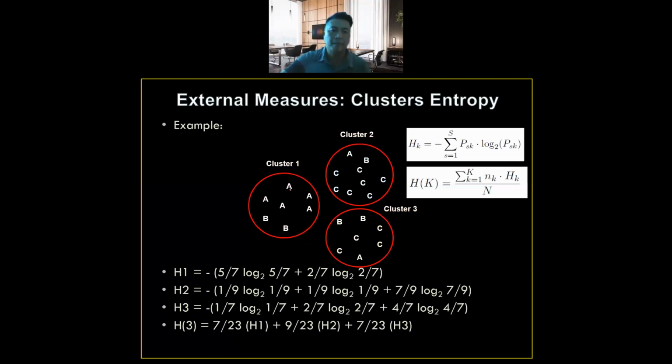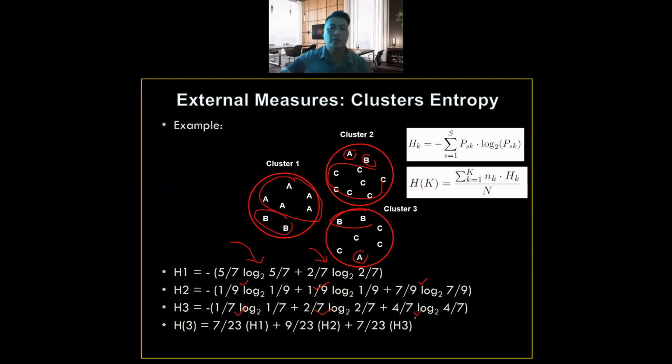We have 5A and then 2B. This looks familiar, huh? So this one is the entropy for this cluster. And then for this one we have 1B, 1A, 1B, 1B, and 7C, so 1/9, 1/9, and 7/9. Last one we have 1B, 1A, 2B and 4C. So 1, 2, and 4.